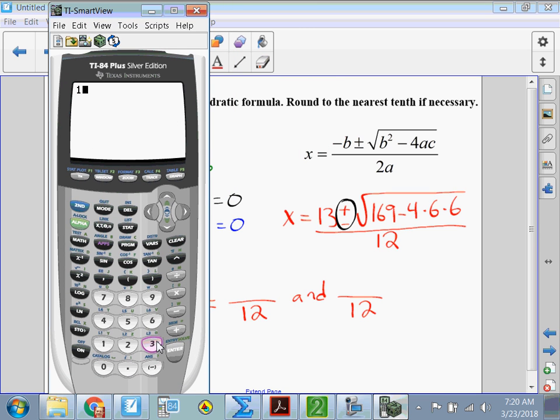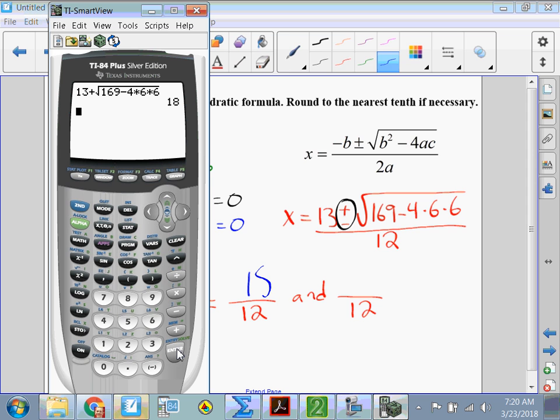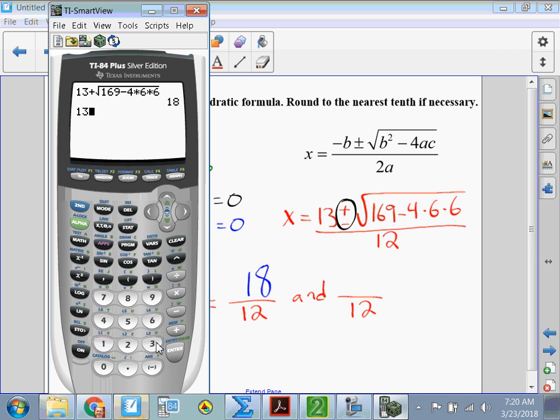So I'm just going to type in 13 plus the square root of 169 minus 4 times 6 times 6, and I get 18. I'm going to do that again. I can do 13 minus the square root, 169 minus 4 times 6 times 6, and I get 8.